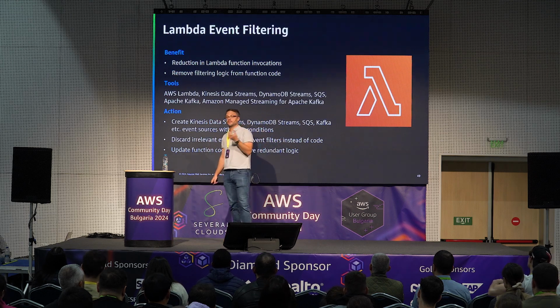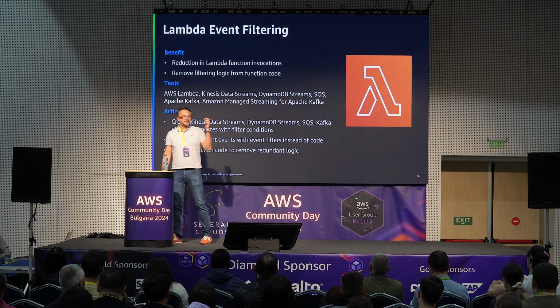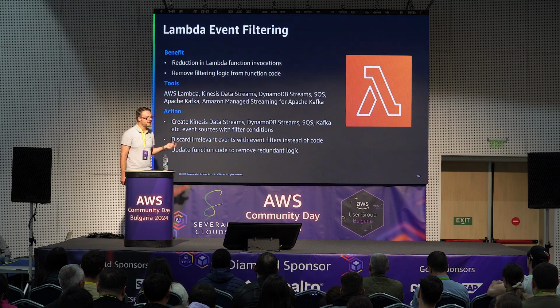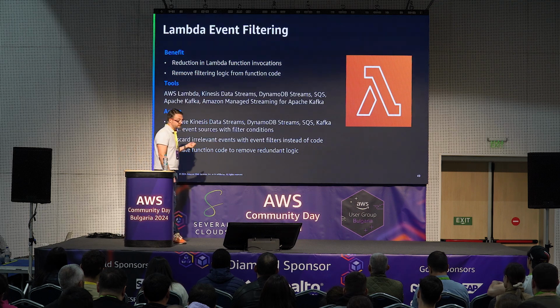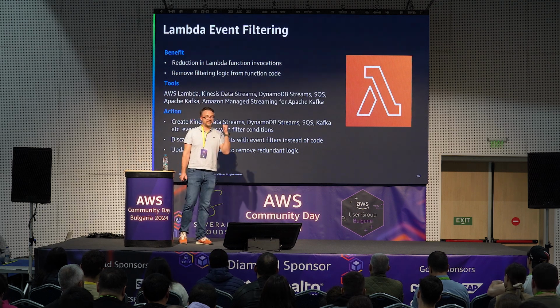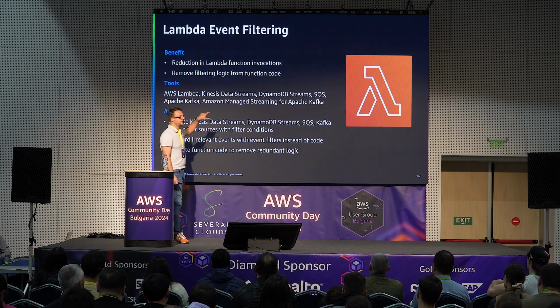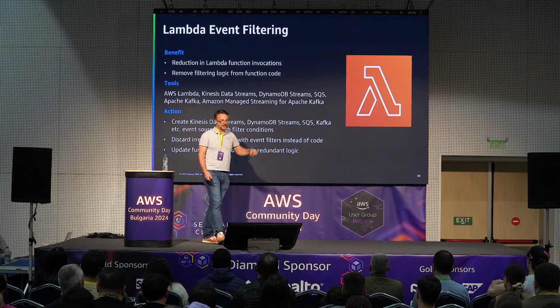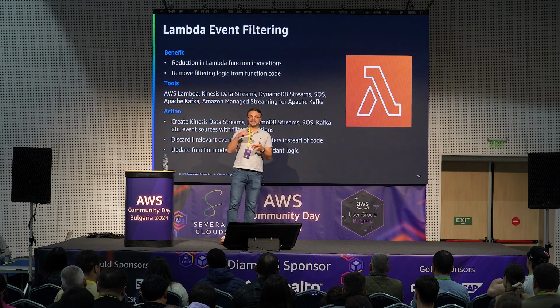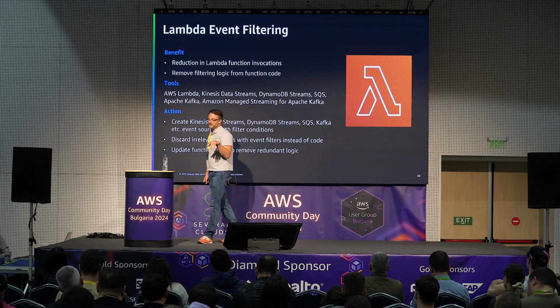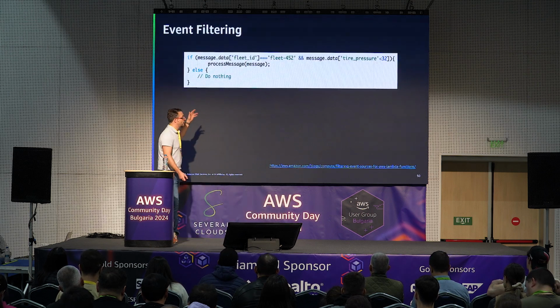If you consume events from SQS, from DynamoDB streams, from Kafka, from Kinesis, there's an additional event filtering mechanism built into the event source mapping. And it allows you to discard unnecessary events. So it's a common practice.